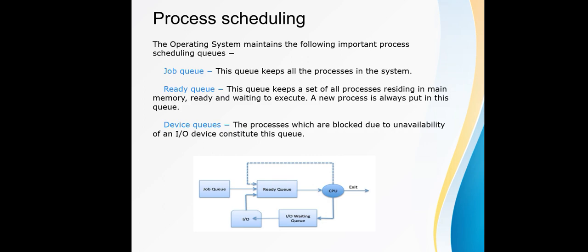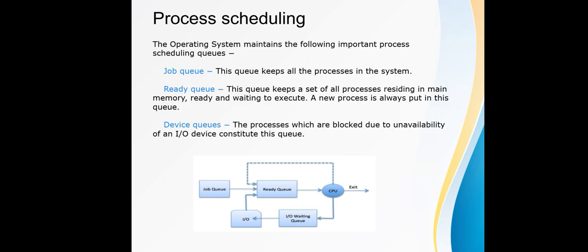When the process is in the ready queue, it goes to the CPU for execution. If that process requires some input output or other resource, then it enters the input output waiting queue. If the process gets its input output, then it enters the ready queue again. This is the way the process evolves.